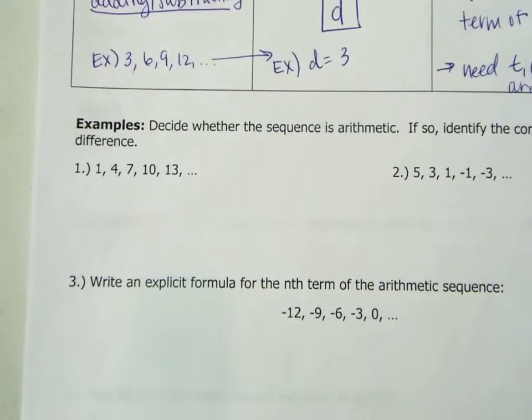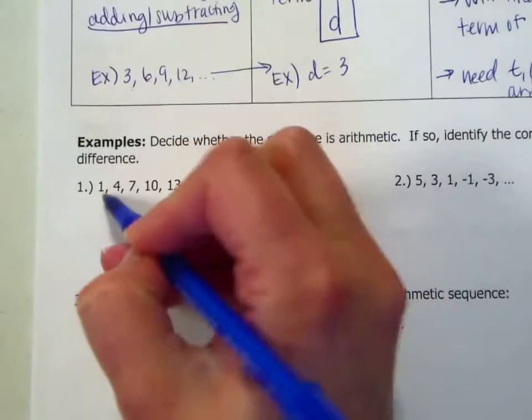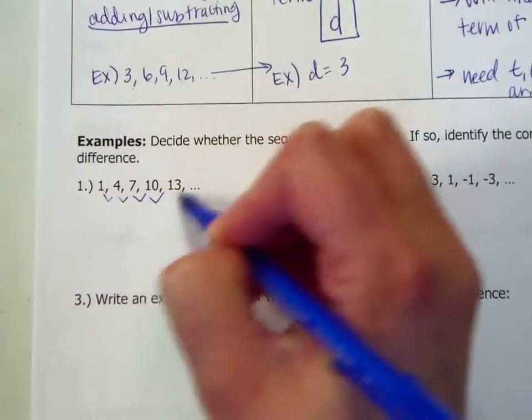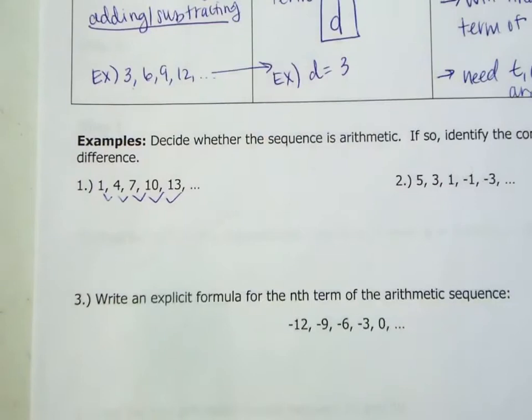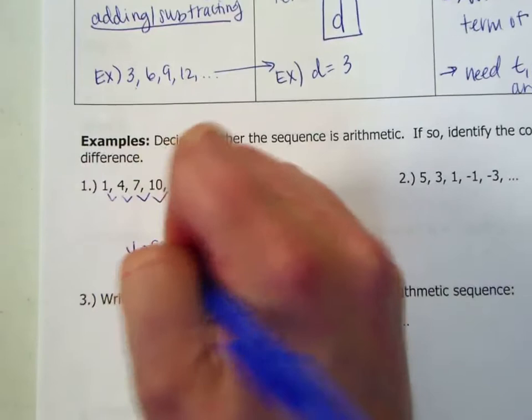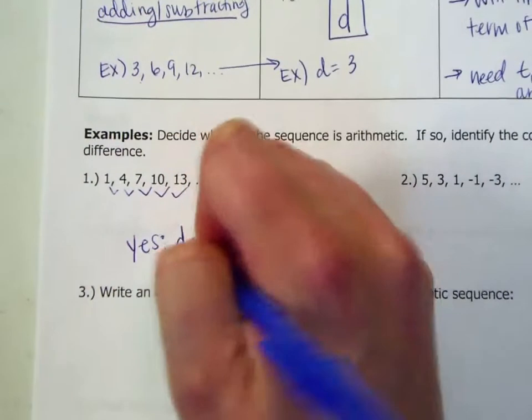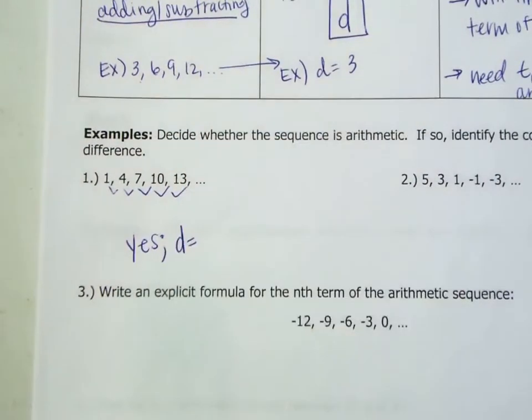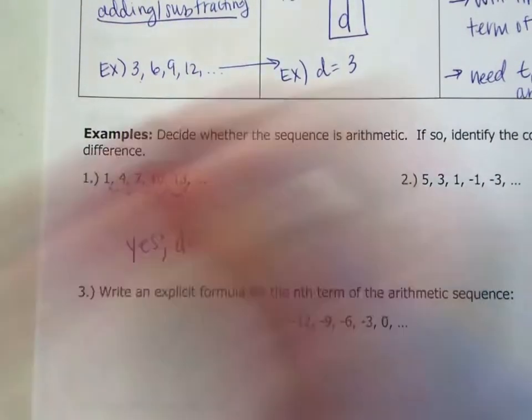Do these consecutive terms differ by the same amount? The answer is yes, which means this is arithmetic. And what is that number that they differ by? Positive 3.